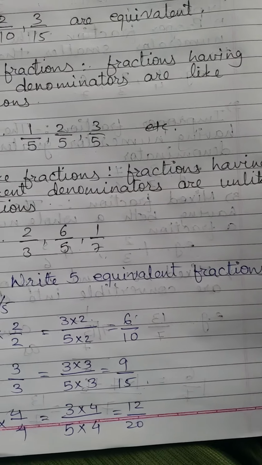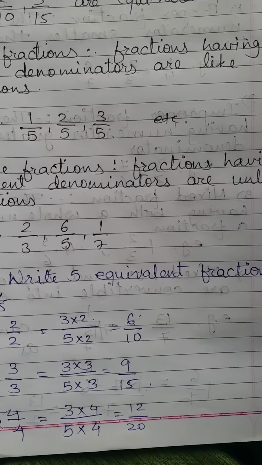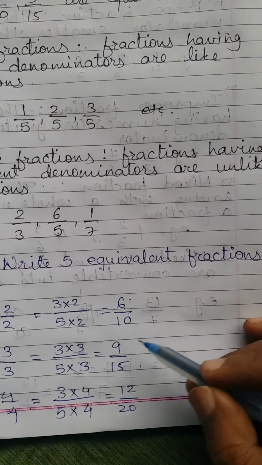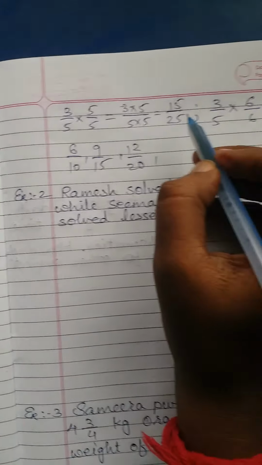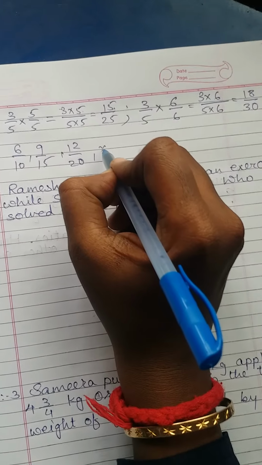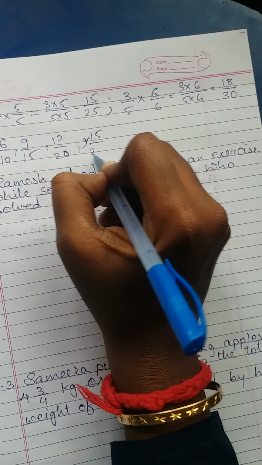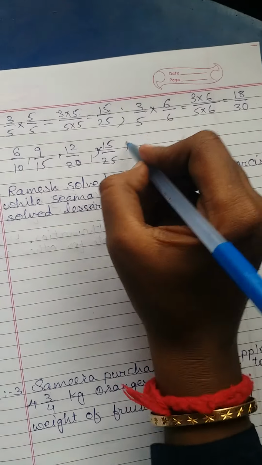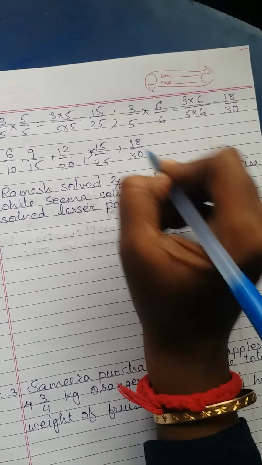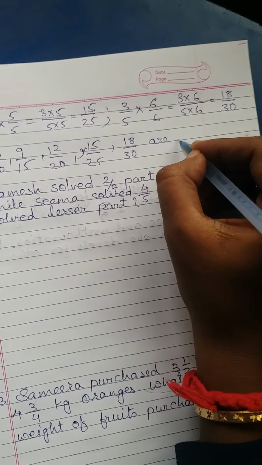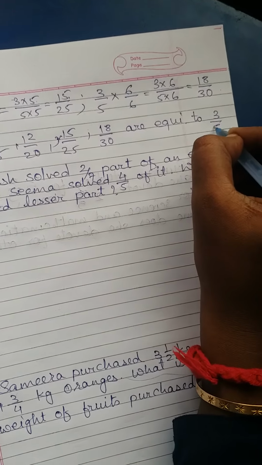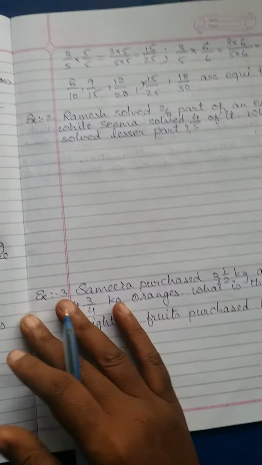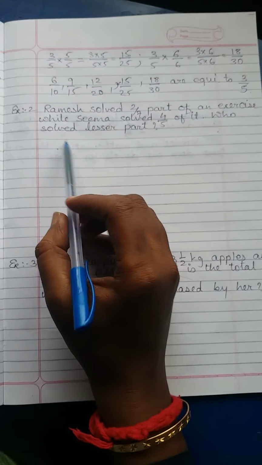Okay, so here you can write 6 upon 10, 9 upon 15, 12 upon 20, 15 upon 25, and this 18 upon 30 are equivalent to 3 upon 5.